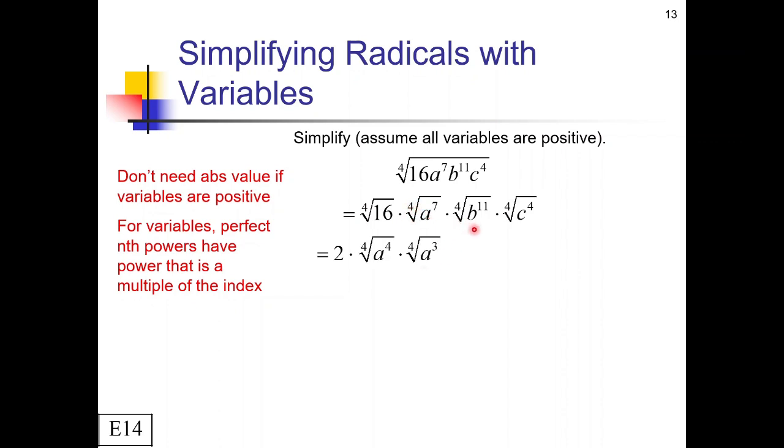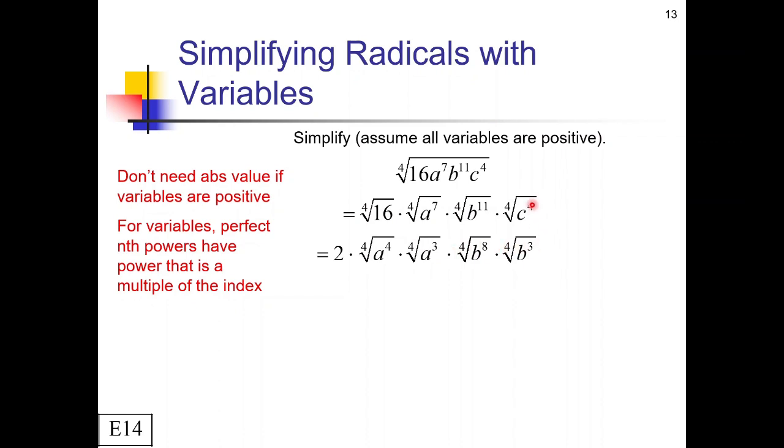For this next one, biggest perfect fourth power that's less than b to the 11th is going to be b to the 8th, because 8 is the highest multiple of 4 that's less than 11. So I'll break this up into b to the 8th times b cubed. So notice the pattern here. The other piece that you're breaking things into should not have an exponent that's equal to or higher than the index, because then you could break it up further.